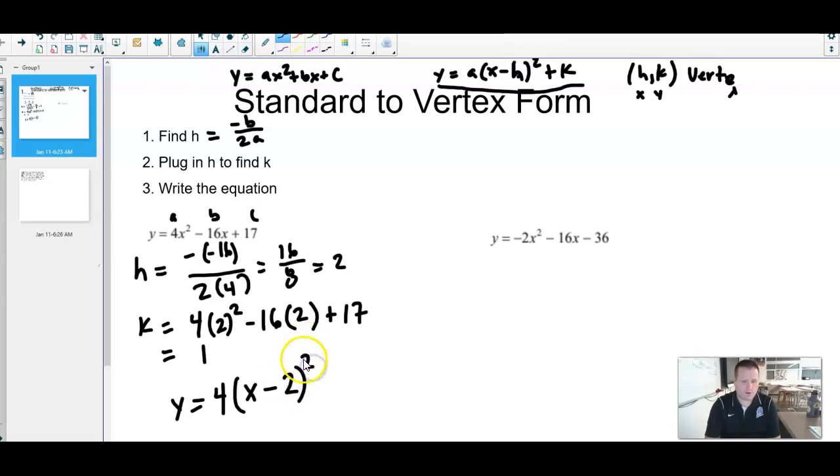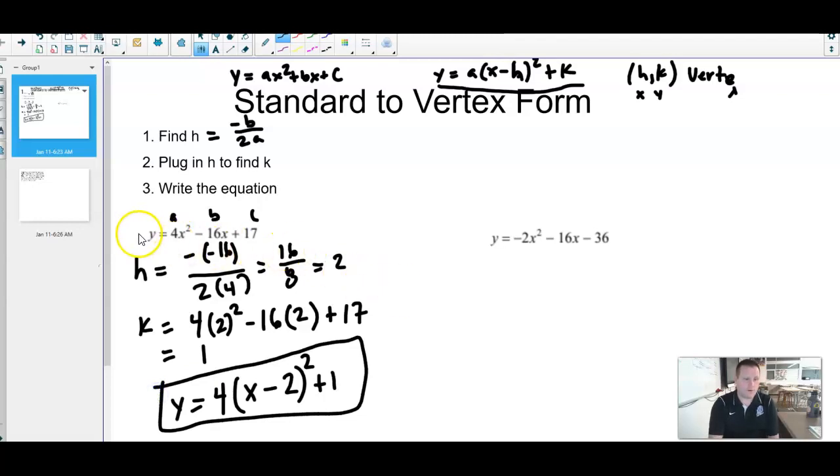And then don't forget your squared. A lot of people forget that, but that has to be there. That's part of my vertex form up here. And then I'm going to go plus 1. And that is in vertex form. So I've gone from standard form right up here to vertex form down below here. Okay? That's how you do that.